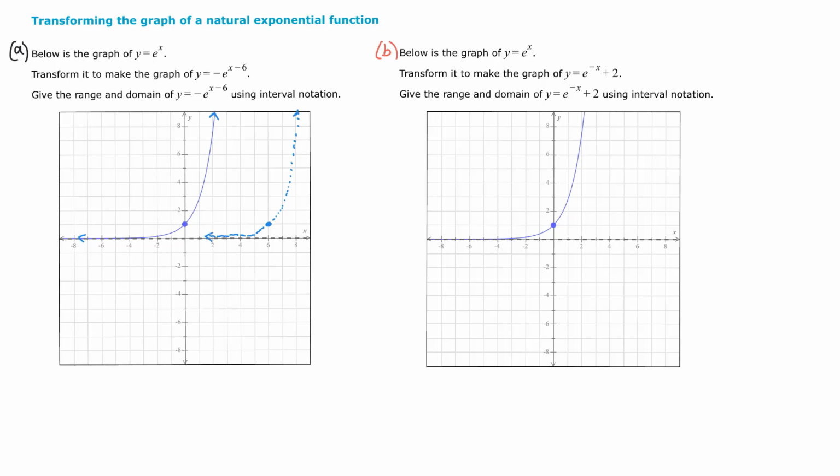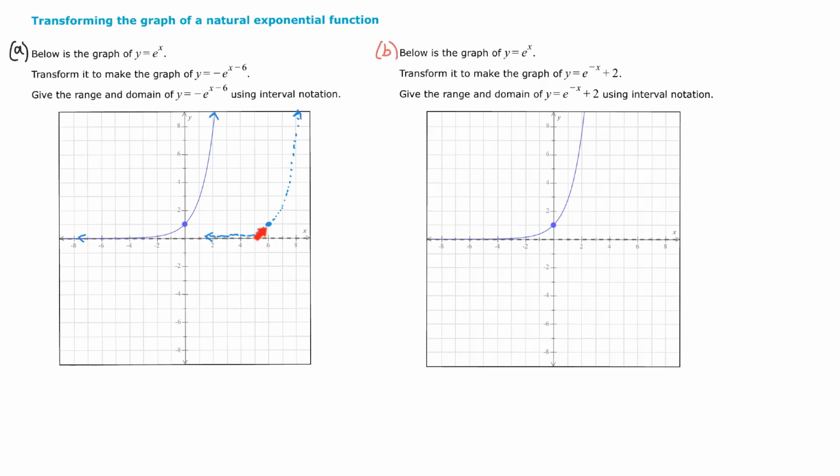What we now have to do is take this dotted line and apply this next transformation, which is this opposite symbol. This says take every y value and make it its opposite. So I'm going to take this one here and reflect this across the x-axis.